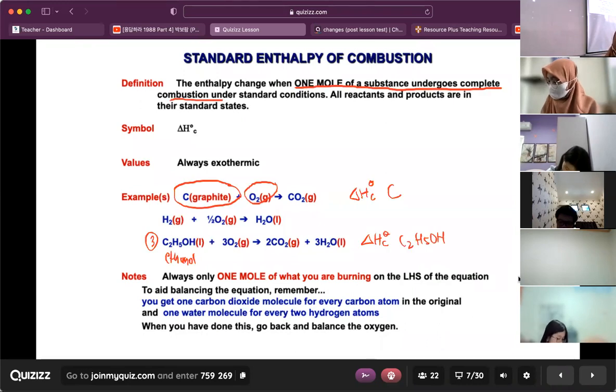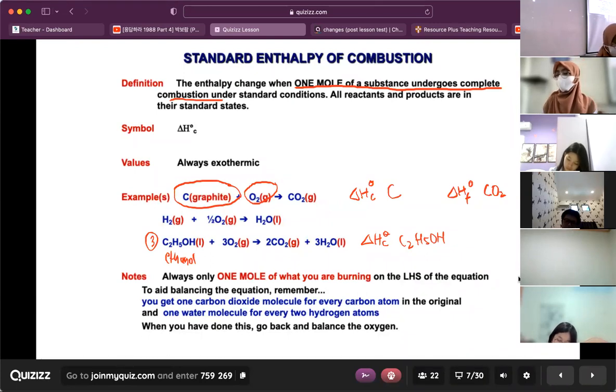If you notice, for the first reaction, we can also write down enthalpy change of formation of CO2. If you write down enthalpy change of formation, you have to write down the product, because 1 mole of a substance is formed, according to the definition of enthalpy change of formation.